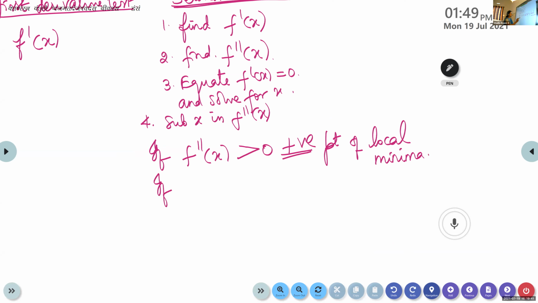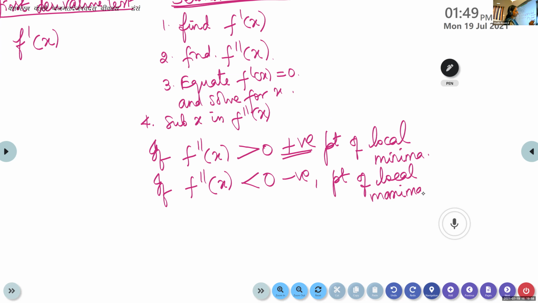And if f double dash of x is negative, we write it is a point of local maxima.